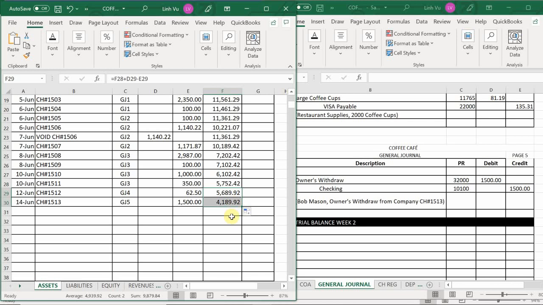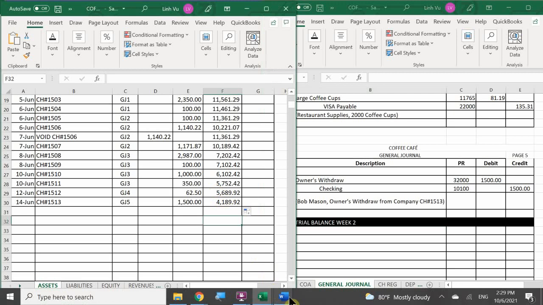Let me double check. 92. Oh, I wrote 95 before. Okay, so 92, yes. Save your journal, save your ledger.